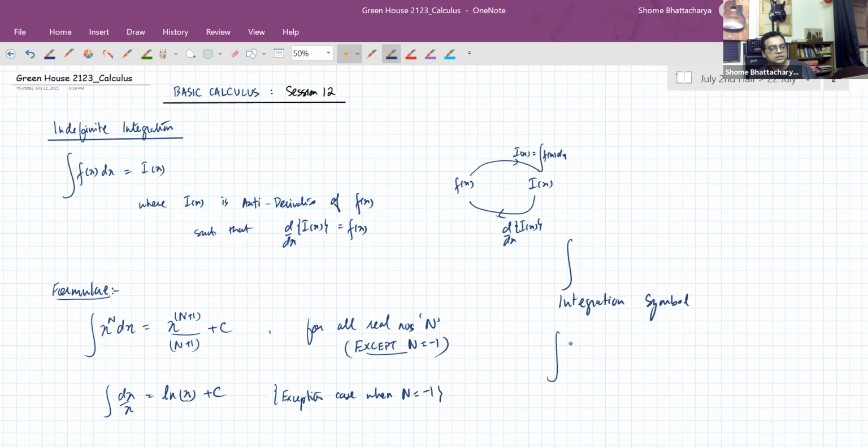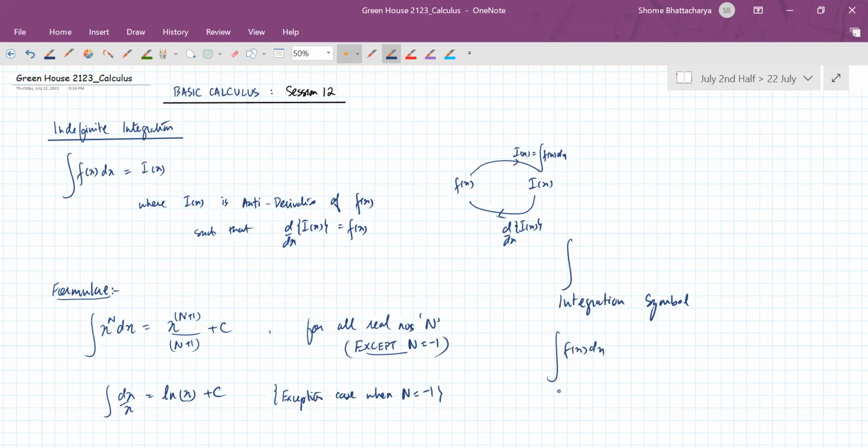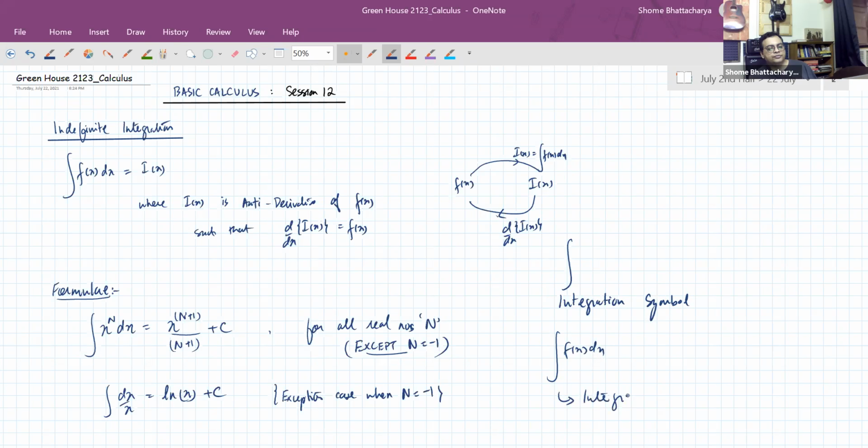This whole thing will be read as integration of the function f(x) with respect to the variable x, because this dx stands for the fact that we are integrating with respect to x. Just like when we write differentiation like this, the dx in the denominator tells us that we are differentiating with respect to x. Like that, in integration, when we have the integration symbol, some function and then this dx, the dx tells us that we are integrating with respect to x.